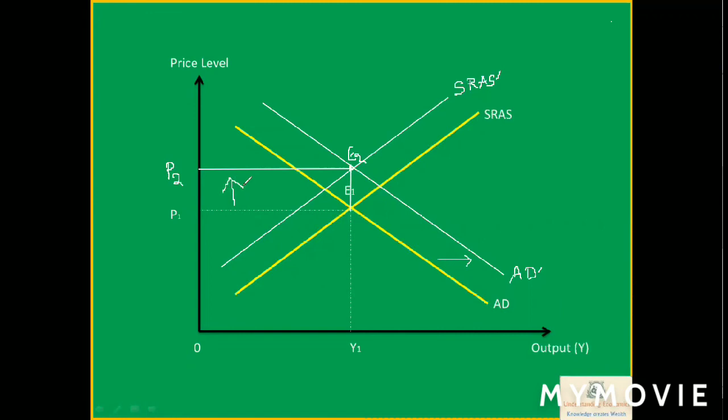Now we will see how it will impact the equilibrium output and the price level if the change in aggregate demand is lower than the change in aggregate supply. So we just remove this.